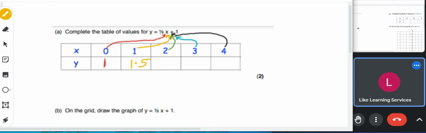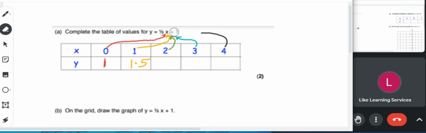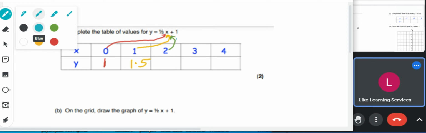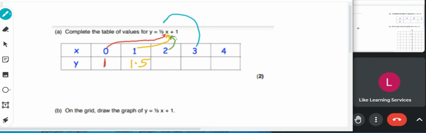Next, 2 times a half will give you what?